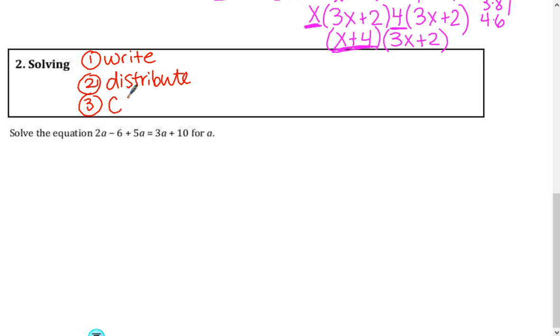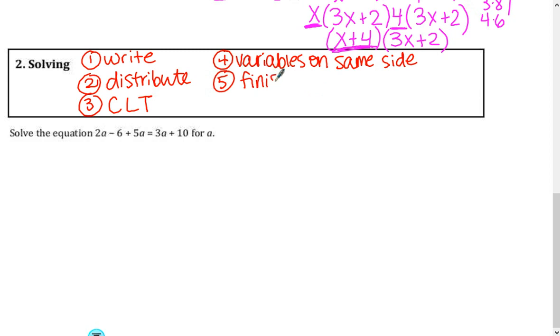Third, CLT, combine like terms. 4, we want to get our variables to the same side. 5, finish solving. And 6, most important, plug in to check.